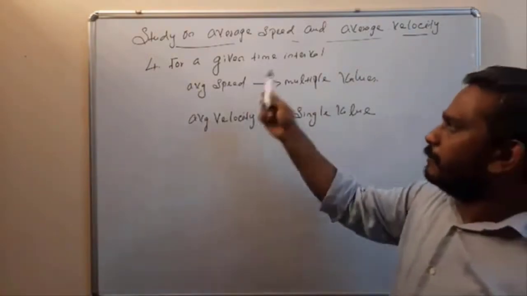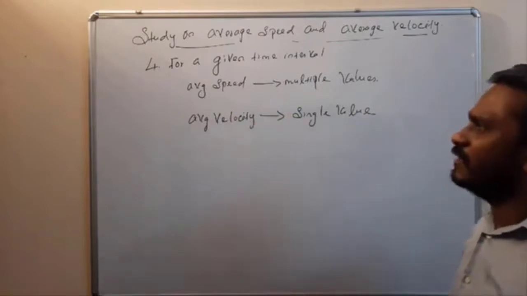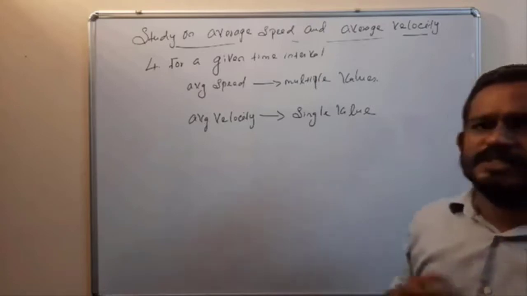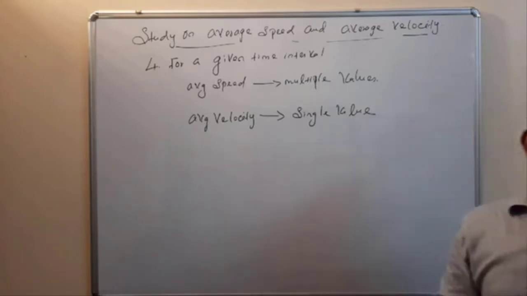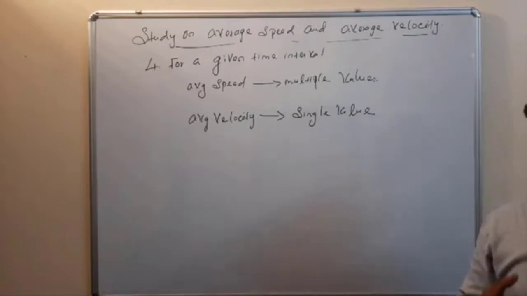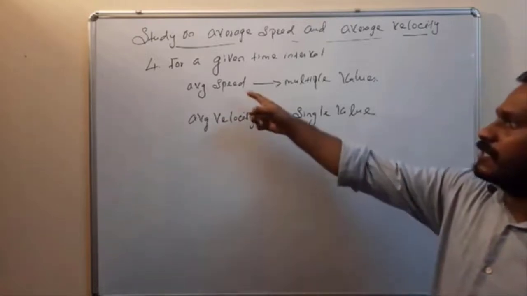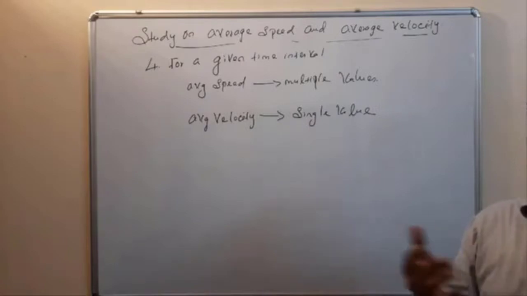For a given time interval, average speed has multiple values because average speed is equal to distance by time taken. Distance means it is the path length traversed by the body. So the body can travel in any of the paths. The body can select any of the paths. So average speed has multiple values based on the path adopted by the body.